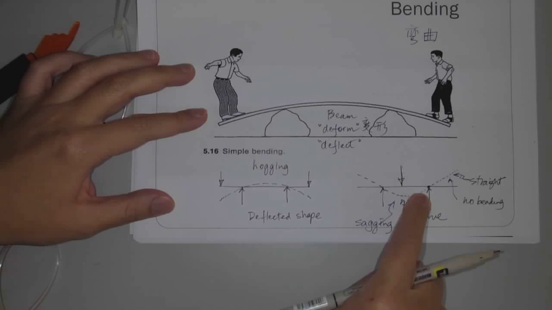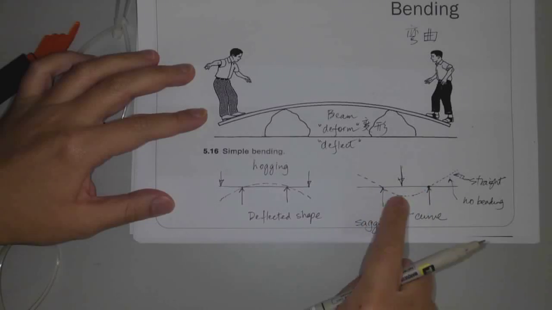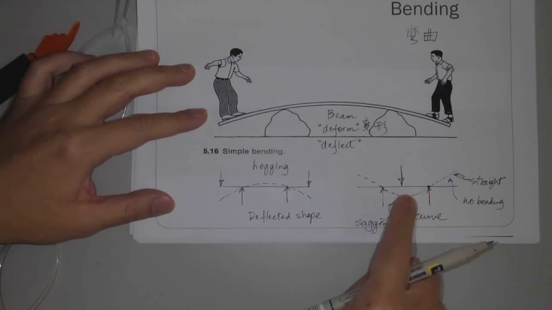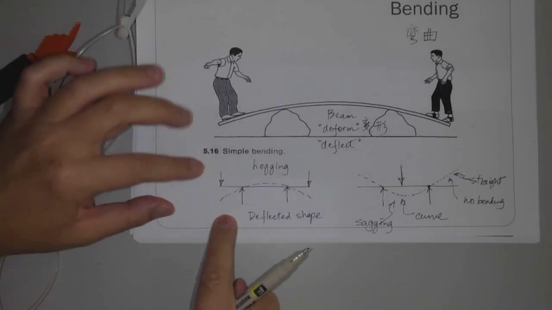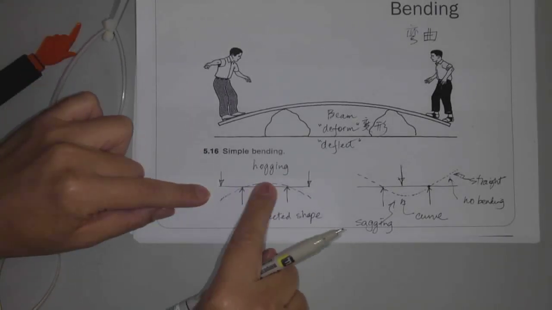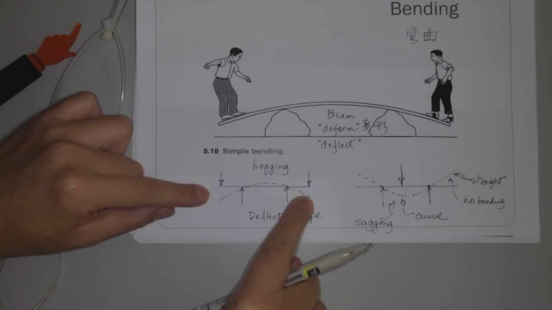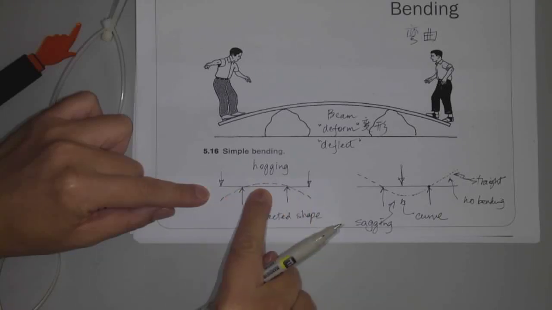Only the middle part bends. So sagging is describing this part, which is the curved part. And for the original, on the left, look at this, the whole thing is hogging. Right? The whole thing is curved. Okay?